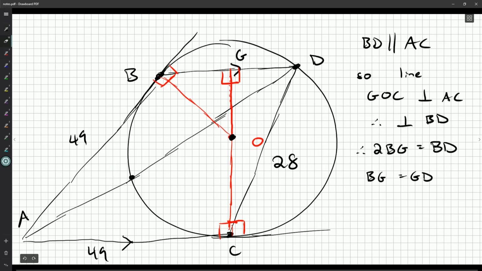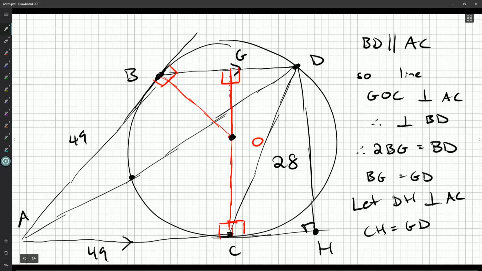well, I guess what we could do is translate this line and have H, so say something like DH perpendicular to AC, and then I'd get a right angle triangle. Now, CH would be equal to GD, just because I've got three right angles, so we're looking at a rectangle.